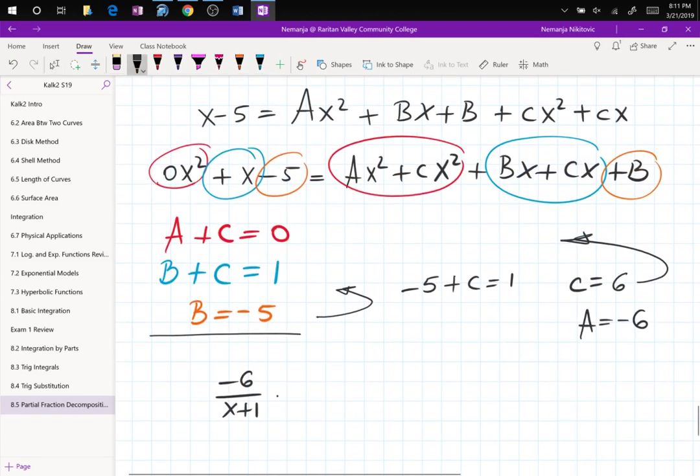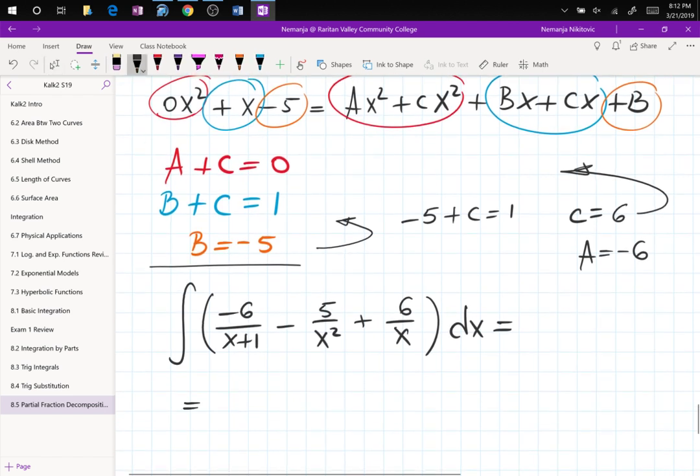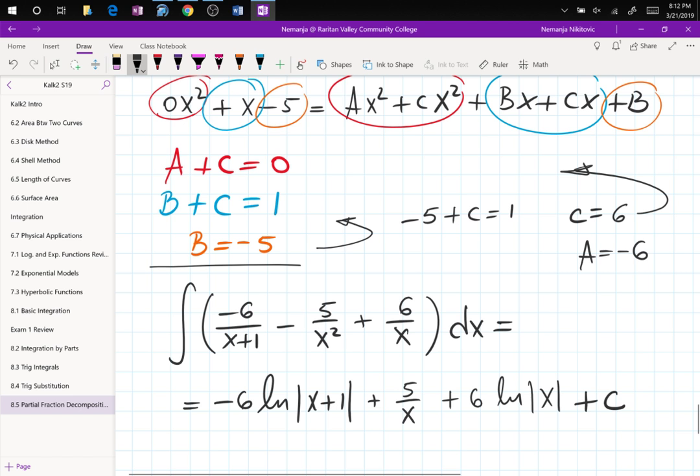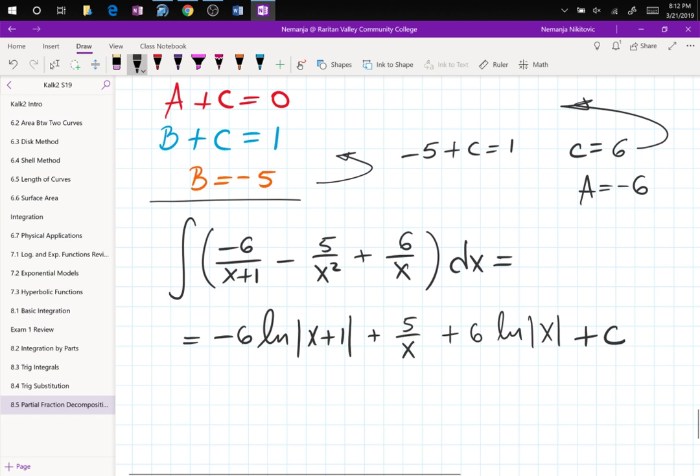And b is negative 5 over x squared. And then 6 over x. I hope.